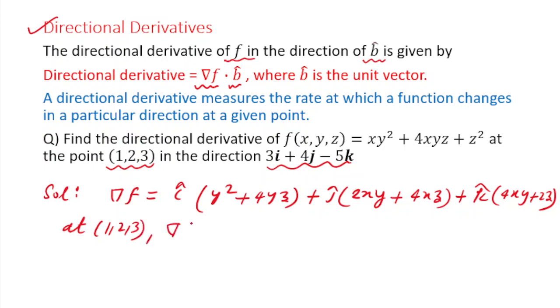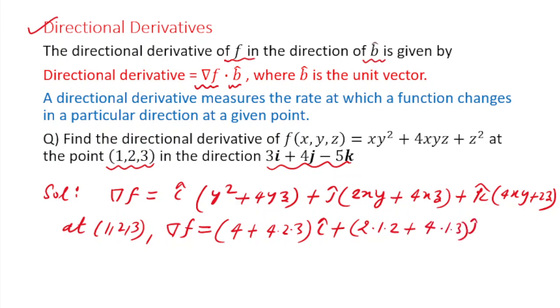So the value at that point will be, can I write directly, y square, so y square is 4, plus 4yz, so 4 into 2 into 3, that is i cap, plus 2xy, so 2 into 1 into 2, plus 4xz, so 4 into 1 into 3, j cap, and plus 4xy, so 4 into 1 into 2, plus 2z, so that is 2 into 3, k cap.